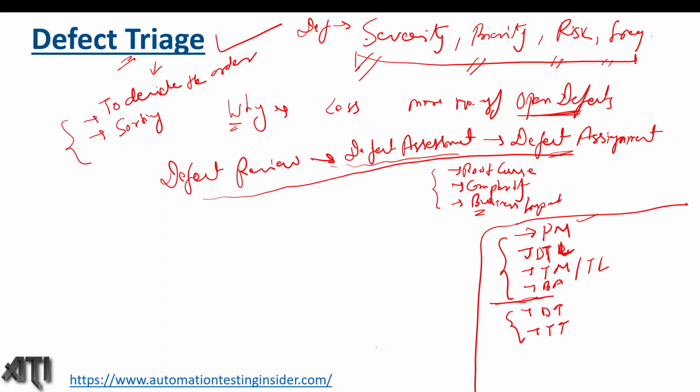Now let's talk about the outcome of the defect triage meeting. When we have gone through the defect triage, we have the following information. Defects are identified, all the open defects are identified. Second thing is severity and priority are decided.